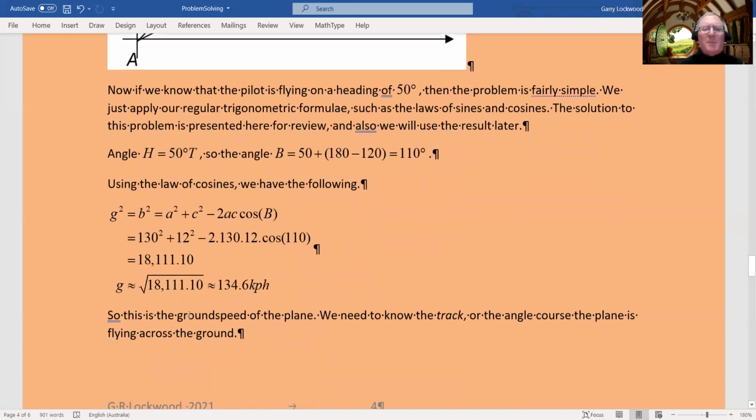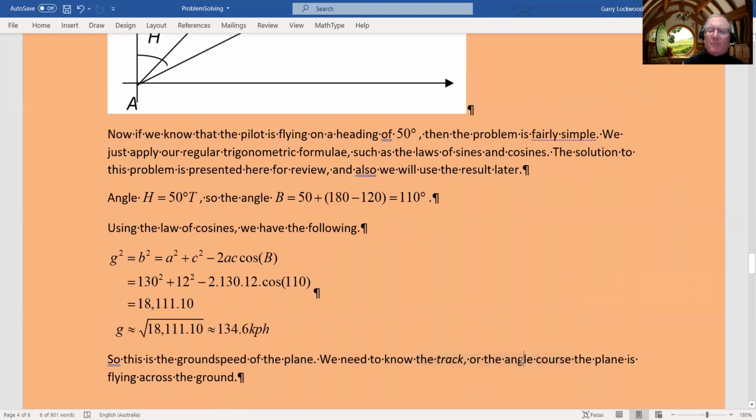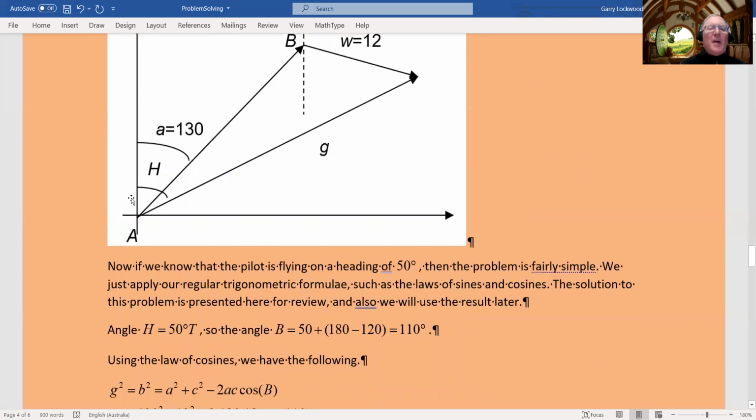So this is the ground speed of the plane. We need to know the track, or the angle, or the course the plane is flying across the ground. And so that track, this is the track here, from due north around to this side, and that will be the heading plus this angle at A.